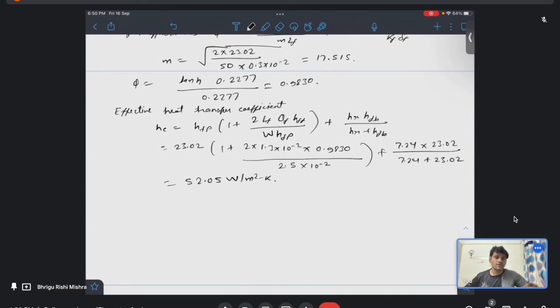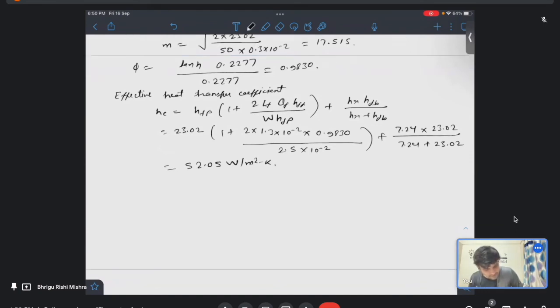Now after this, all the other parameters like the F dash, heat removal factor FR, all those things can be calculated using the conventional solar air heater formula.